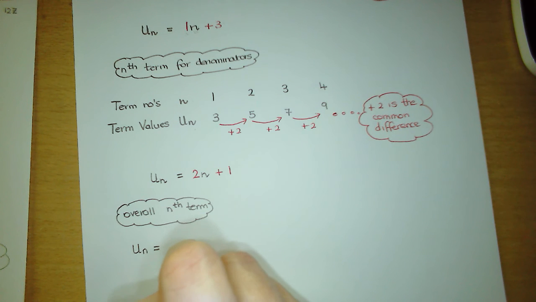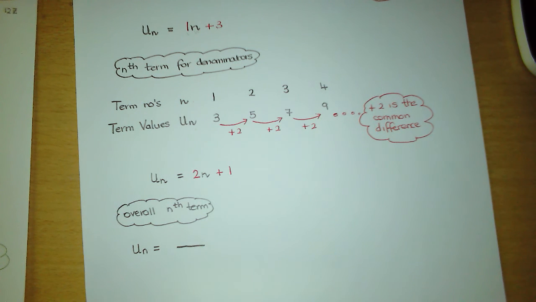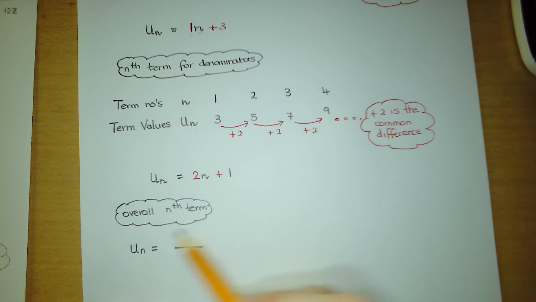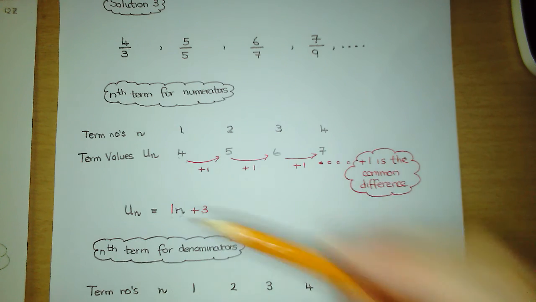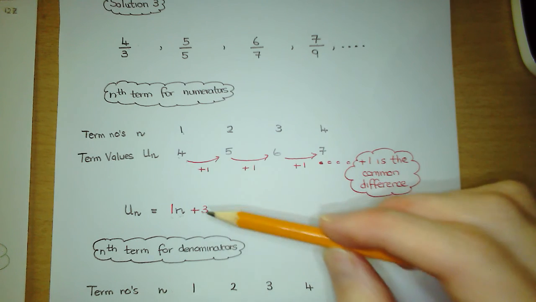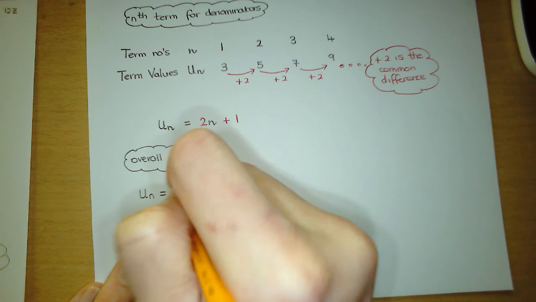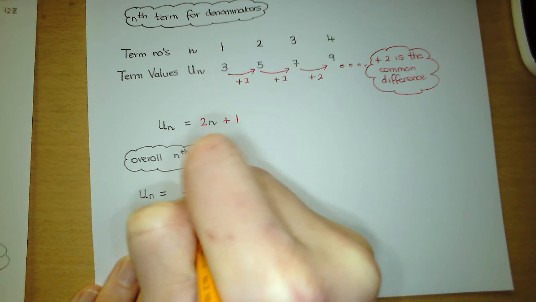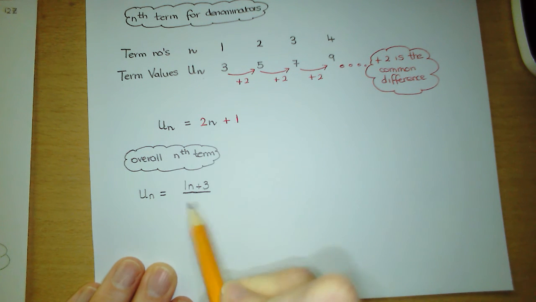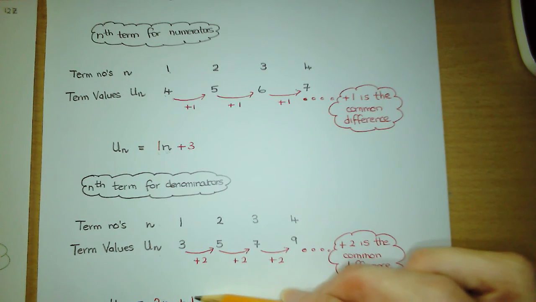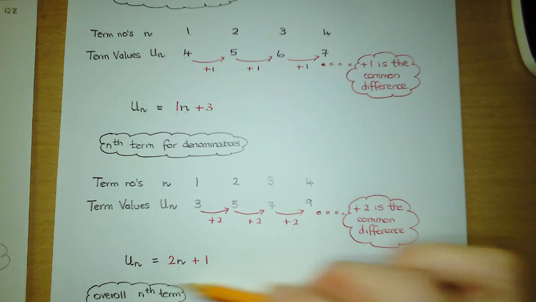So I'm going to put my little fraction line in. Now, the numerator for our overall nth term formula will be the nth term formula that we came up with for the numerator. So it's just 1n plus 3. And then the denominator will be the nth term formula we came up with for the denominator. So it's just 2n plus 1.